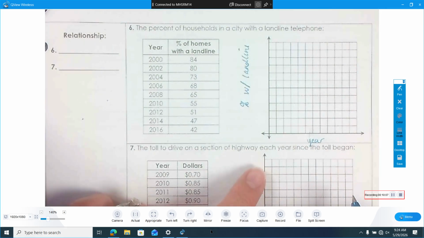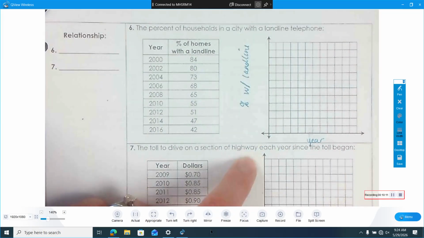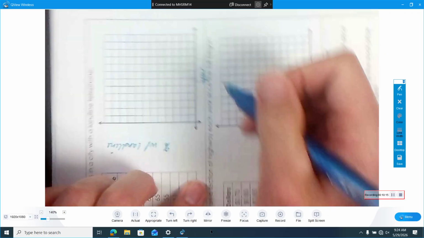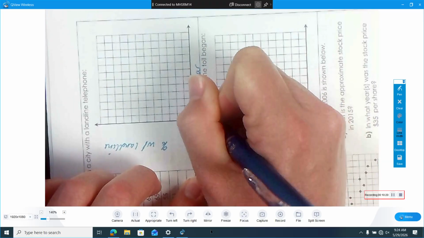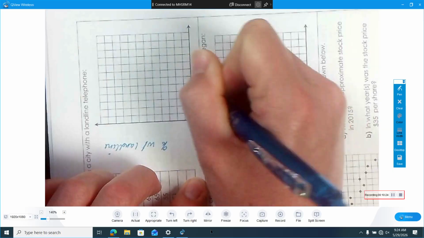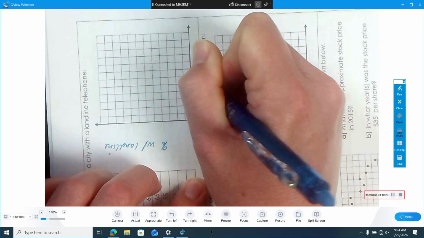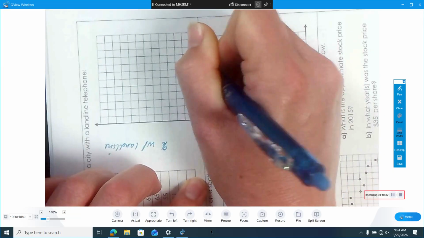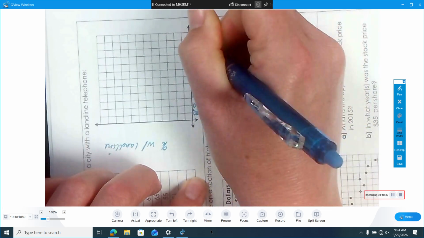Okay, so 2000. I'm just going to start. We're going from 2000 all the way to 2016. I need to count by 2 years. So this is going to be 02, 04, 06, 08, 2010, 2012, 2014, 16, 18, 2020, and 2022.